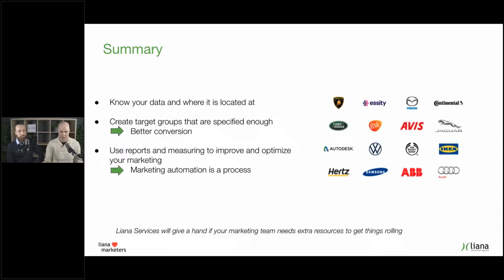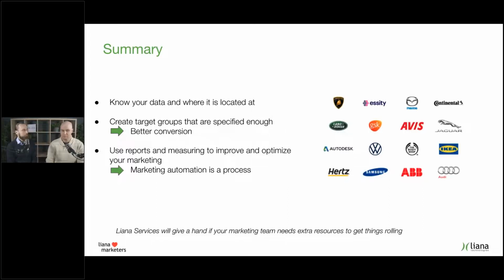So Jussi, time to wrap up. Yeah, as a quick summary, like I said, when you start thinking about your marketing automation processes, you don't need to be aware of all the different workflows and campaigns you are going to launch, but you should emphasize the data first. You should think about what data you really need in order to personalize and target the message precisely enough, and where that data is located.